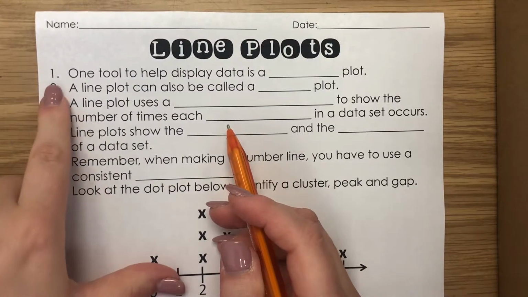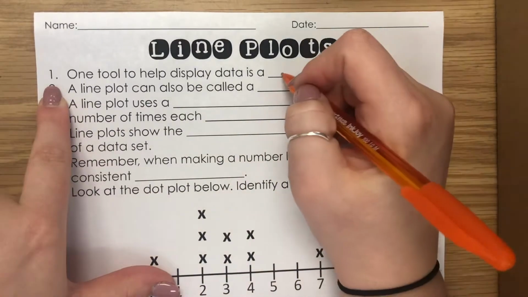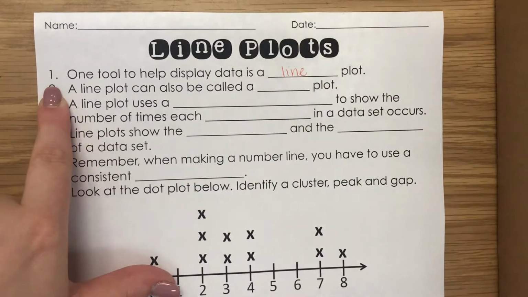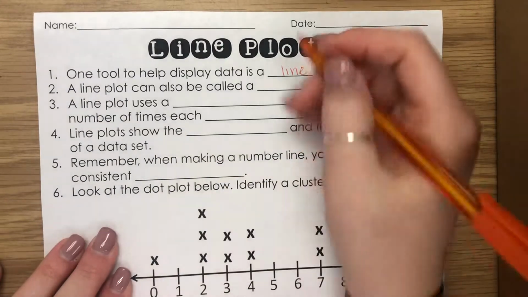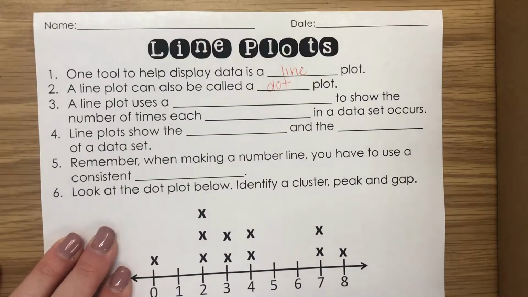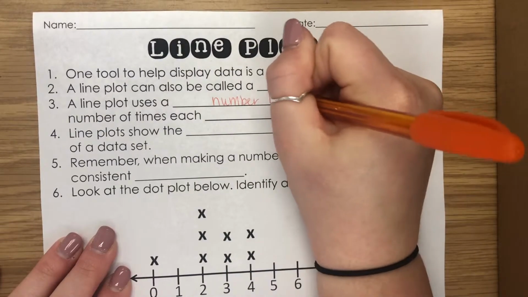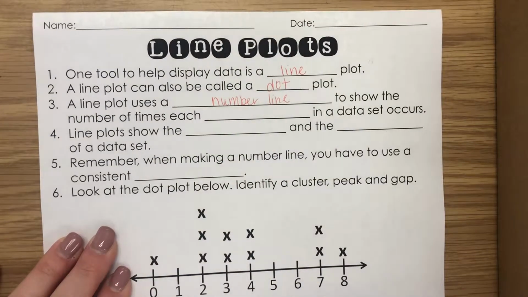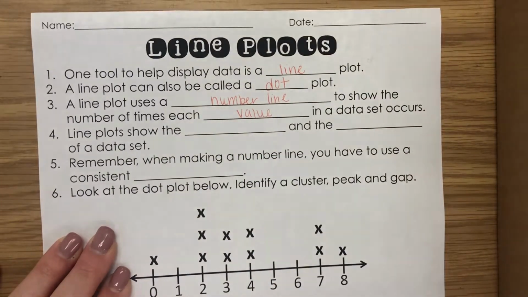So to start off with, number 1 says, one tool to help display data is a line plot. A line plot can also be called a dot plot. A line plot uses a number line to show the number of times each value in a data set occurs.